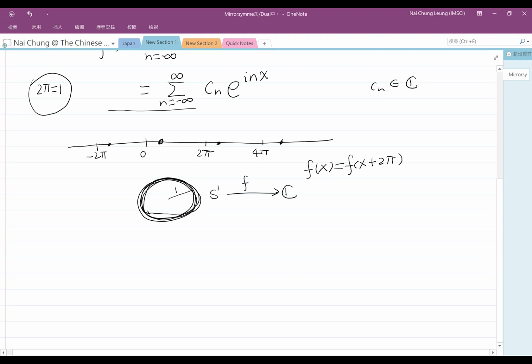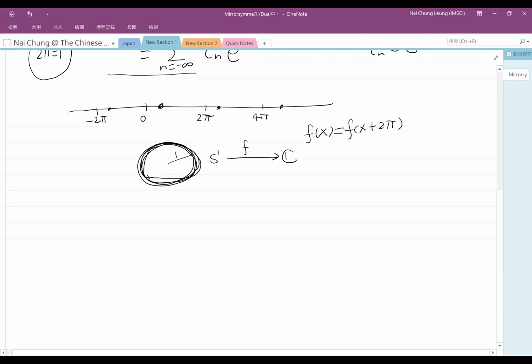Okay. And so the statement is saying that this information is the same as you can write this as a summation of n from minus infinity to infinity, Cn e to the inx. So this is the number Cn. What are the possible n?